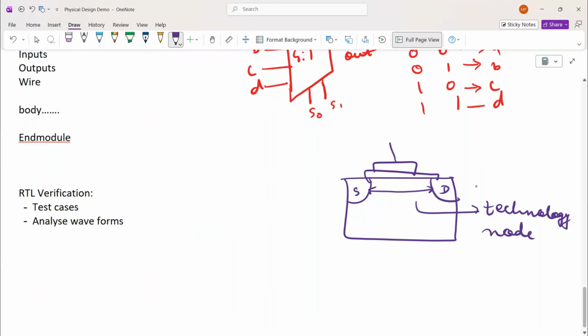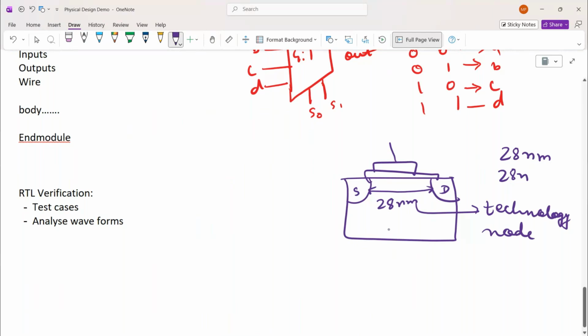If I'm saying that we will be working on 28 nanometer technology, or sometimes we call it 28N, that means for whatever MOSFET we have in our design, the distance between source and drain is 28 nanometer. When we talk about 14 nanometer, the distance between source and drain will be even less.